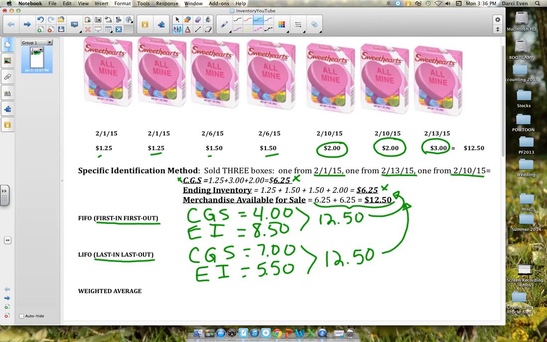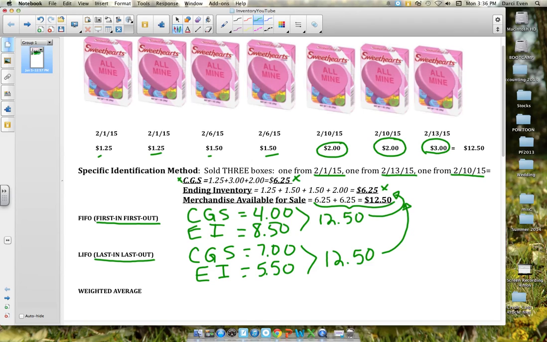Last in, first out might be something like at a hardware store where they buy 100 more bolts and they just throw them on top of the old bolts. It doesn't matter. Bolts don't get old, and so it doesn't matter if you keep them separate or not. So they might use LIFO for that reason.